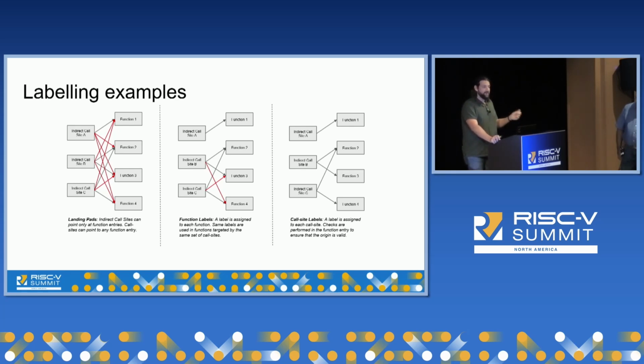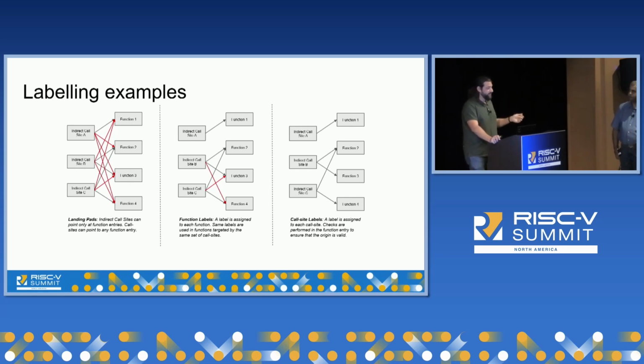And then you can have call site labels, which are where you associate an indirect call site with a label, which is prepended to its valid function entry, to the function that you can target through these indirect calls.